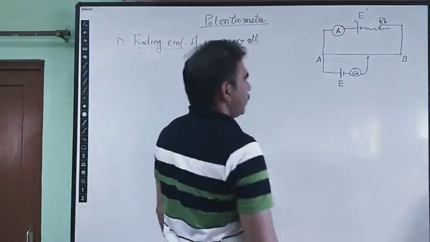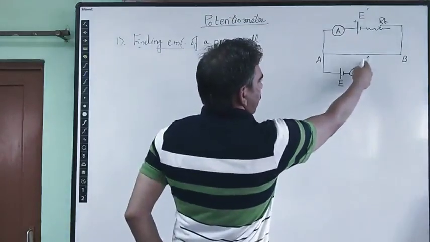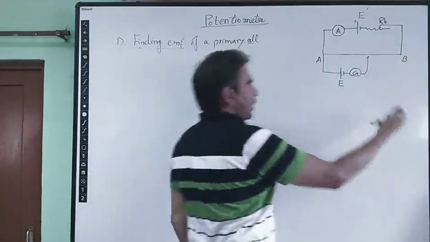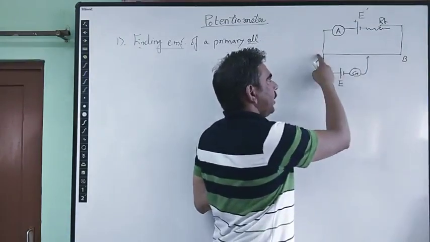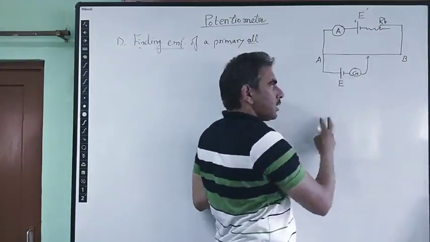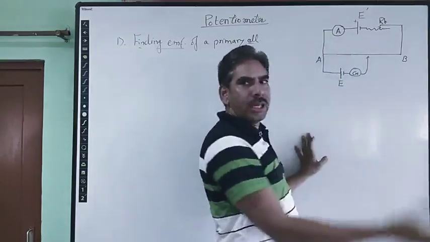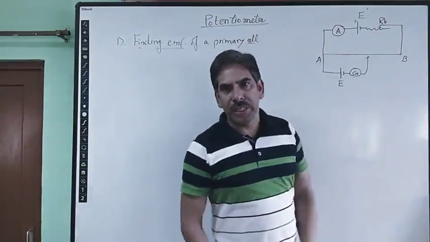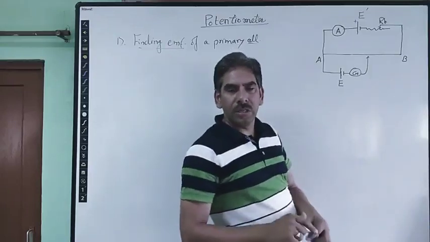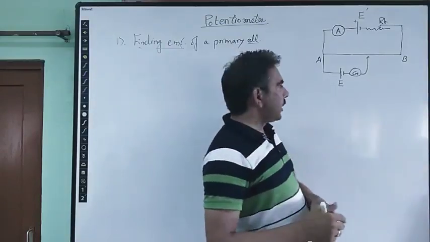So for checking the circuit, we keep this pointer at end A. The deflection should be on one side, and then we take this pointer and connect it at point B. The deflection should be on the other side. If this is not the case, then the circuit is not complete or correct. There can be two reasons.